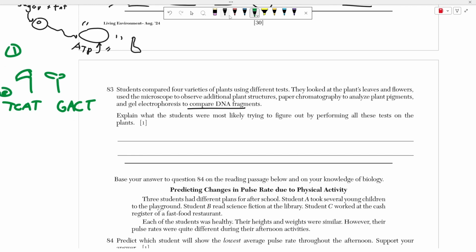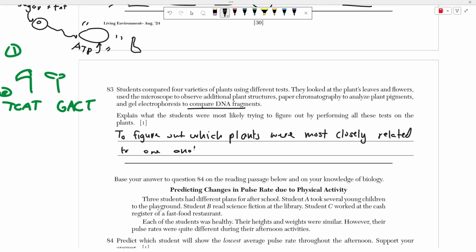So my point here is that you're doing all of these things to figure out which plants were most closely related. Again, analyzing DNA fragments should be a dead giveaway of that.